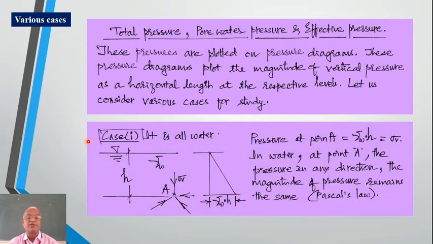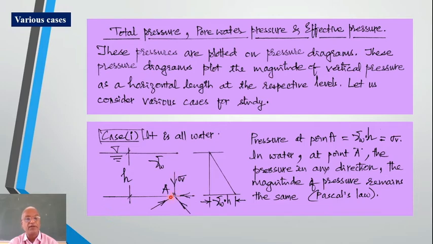Very simple cases. Case 1, it is all water. There is no soil at all involved here. So there is water at a depth of H, which has a unit weight of gamma w. The pressure at this point will be vertical pressure.